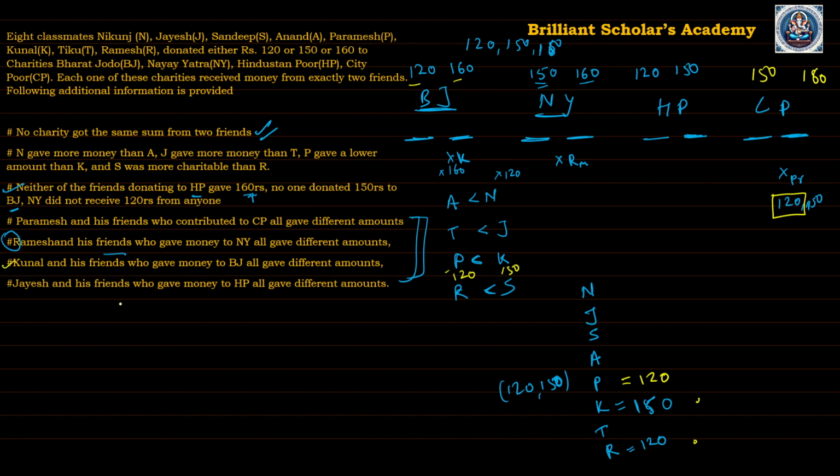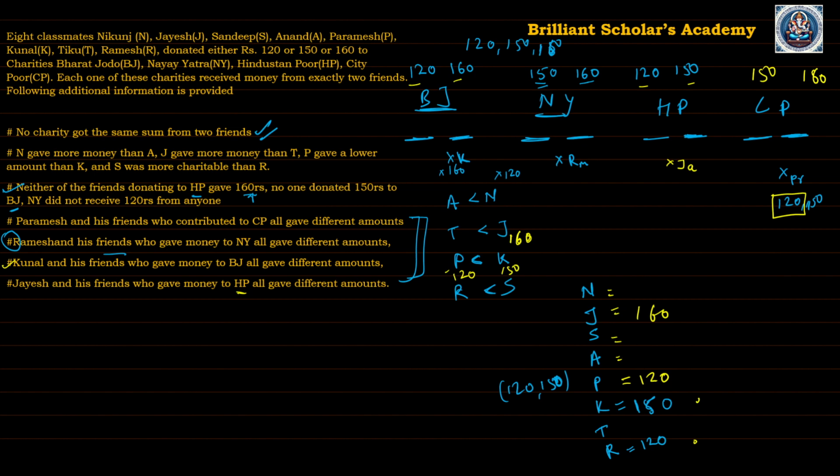Jayesh and his friends who gave money to HP. So Jayesh is not giving money to HP. HP is receiving 120, 150. So Jayesh must be paying 160. So now I have to find out the money for others.